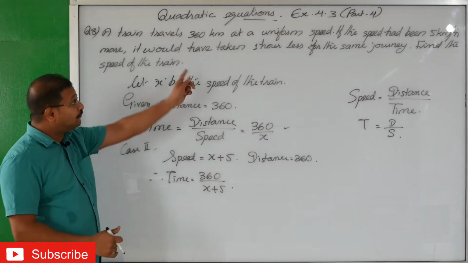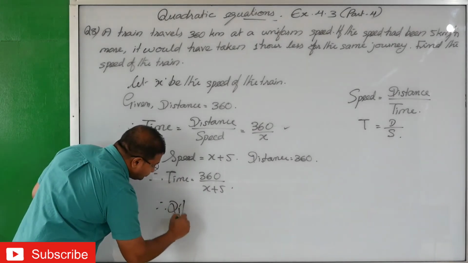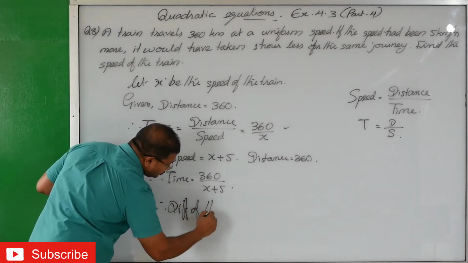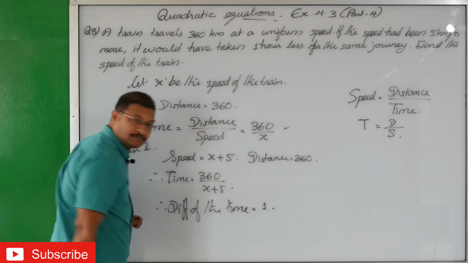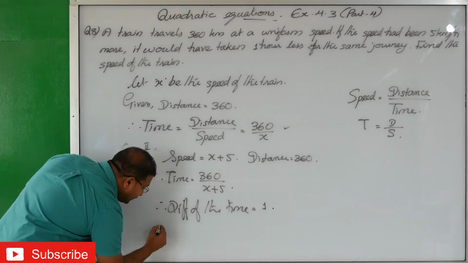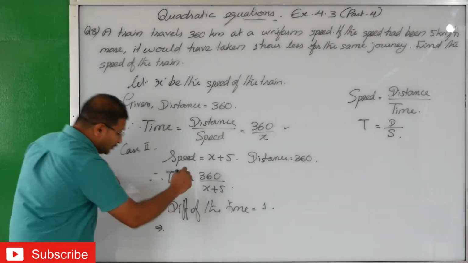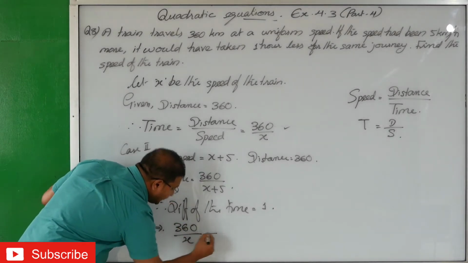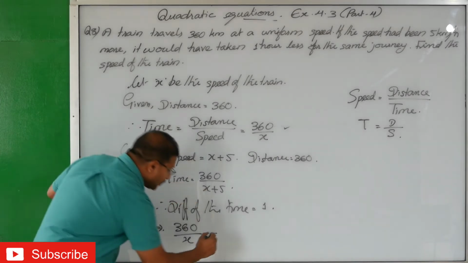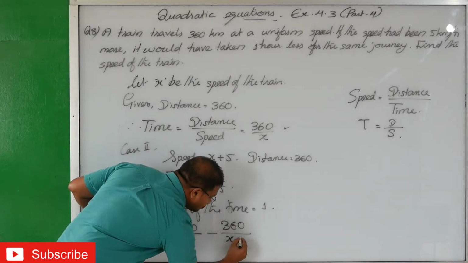That means, therefore, the difference of the time equals 1 hour. Difference of the time means we take these two difference. That means what will you do? 360 divided by x minus 360 divided by x plus 5.